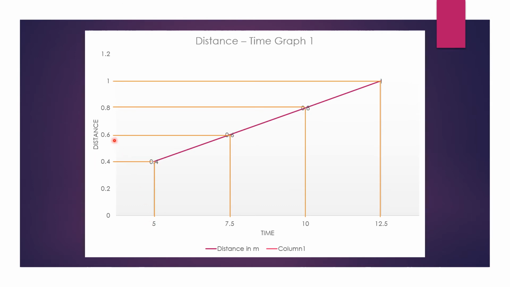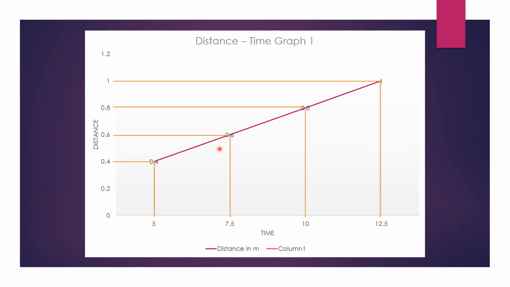For the second point, divide distance 0.6 by time 7.5, also equals 0.08 meter per second. The third point, 0.8 divided by 10 equals 0.08 meter per second, and 1 distance divided by 12.5 time equals 0.08.